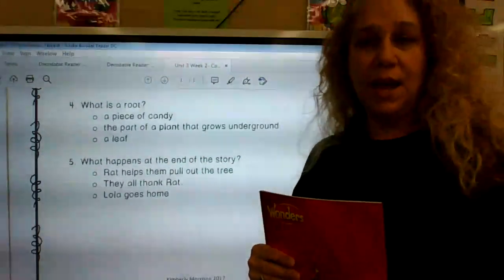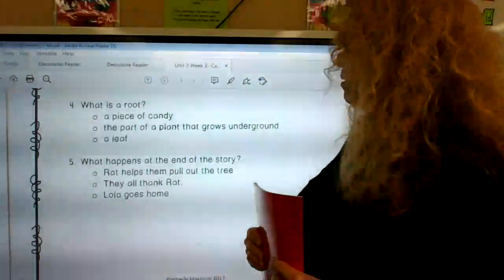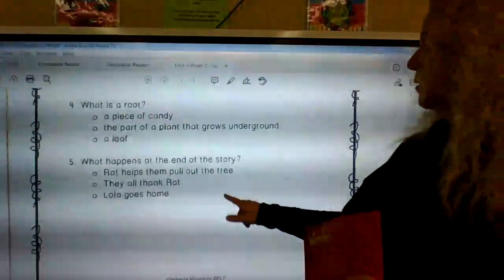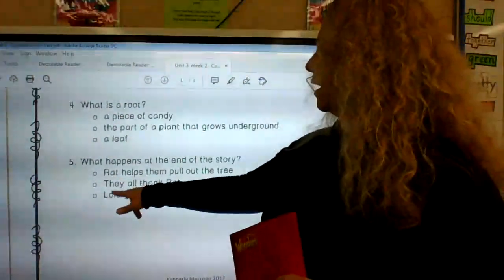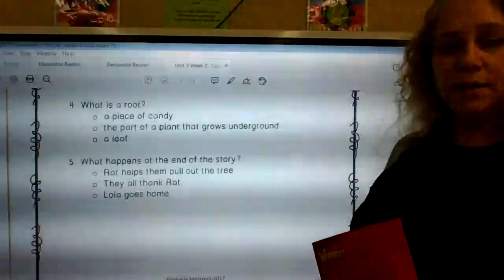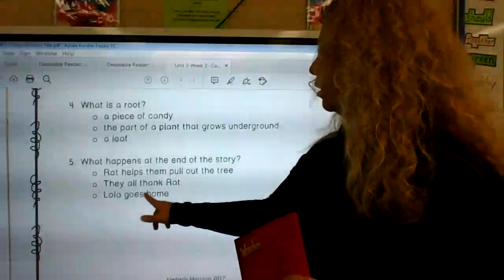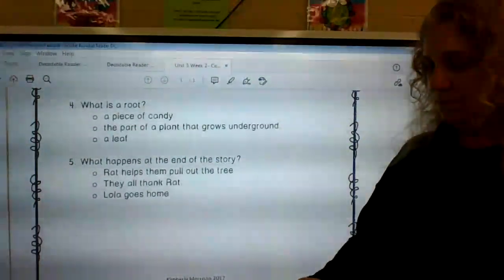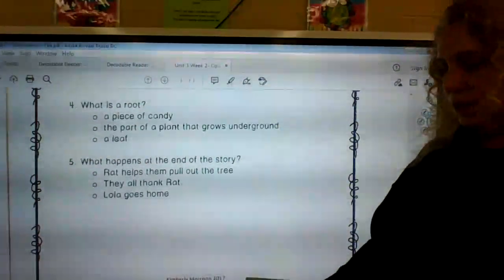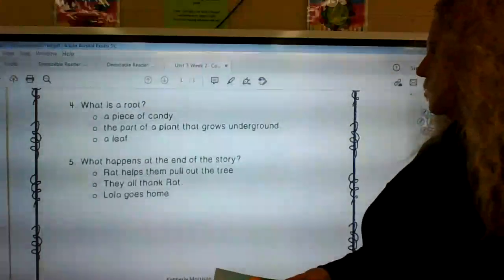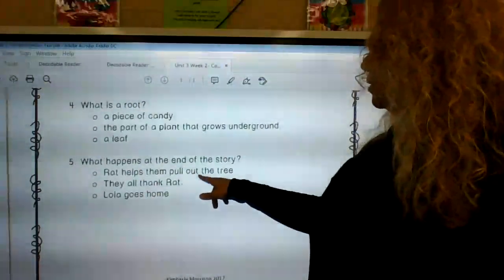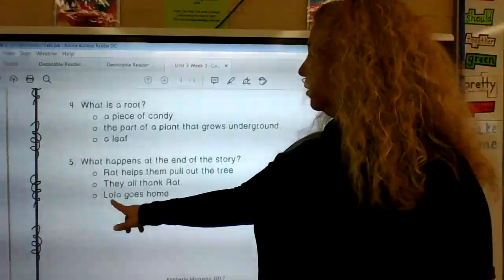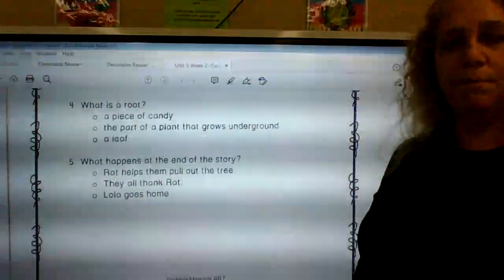At the very end, listen to your choices. Rat helps them pull out the plant. They all thank Rat, or Lola goes home. Look at the very ending. Which one of those is the very ending of the story?